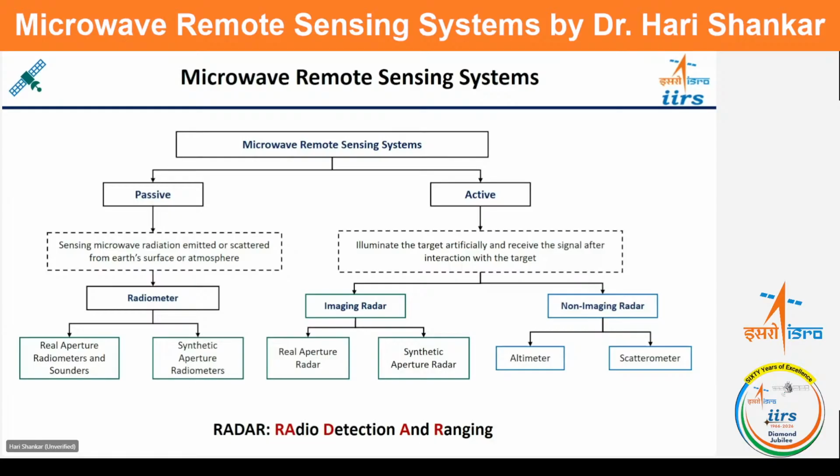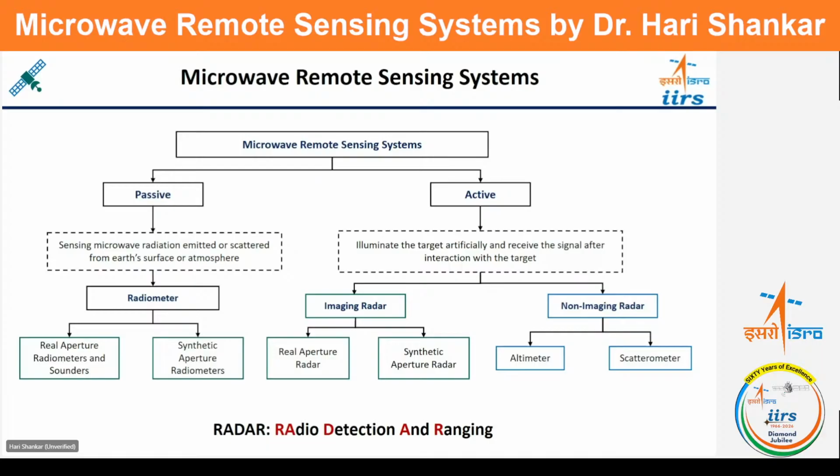There are a lot of advantages of microwave systems. For example, when some disaster is happening in our country, the atmospheric conditions are not favorable. Like when a landslide is happening, or heavy rainfall, or a cloud burst, or some other disaster, or a tsunami, the clouds and atmospheric conditions are not good.